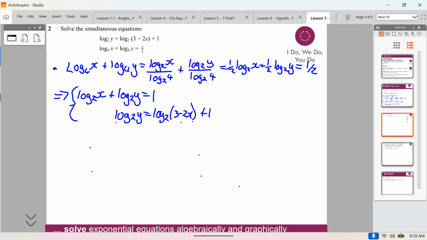So subtracting one from the other is going to cancel the log 2 of y, so we get log 2 of x, and then 1 minus 1 cancel. This is going to be minus log 2 of 3 minus 2x.